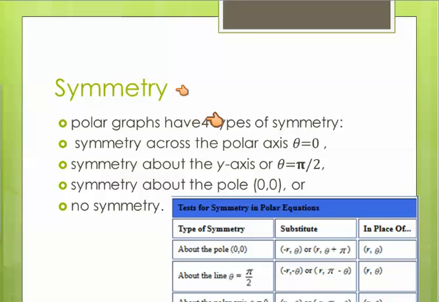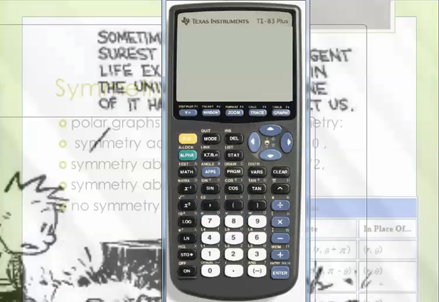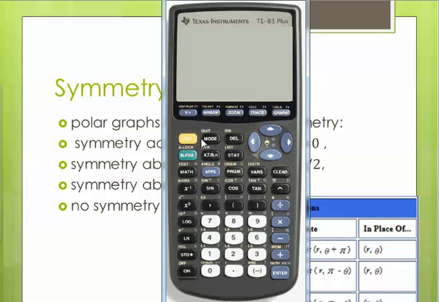Now, polar graphs have three types of symmetry. They've got a symmetry across the polar axis, they've got symmetry across the y-axis, and they've got symmetry across the pole. Now, let's just look at this one that we just graphed here. You see, the pole is this point right here at the very center. Okay?